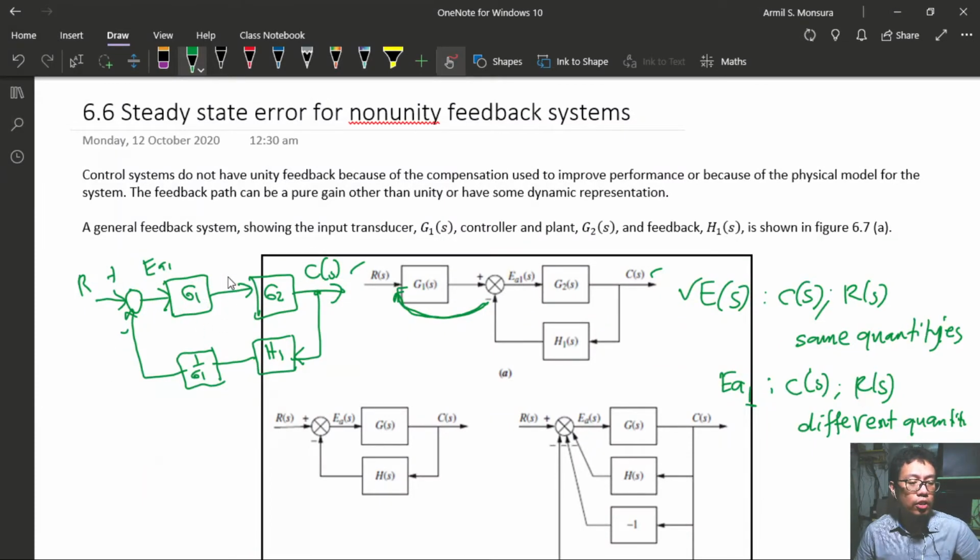Okay. So that we can equivalently say na magiging ganito yung system niyo, given that your G is basically G1 times G2. Tapos yung H ninyo is basically H1 over G1. Okay? So, remember this equivalence.